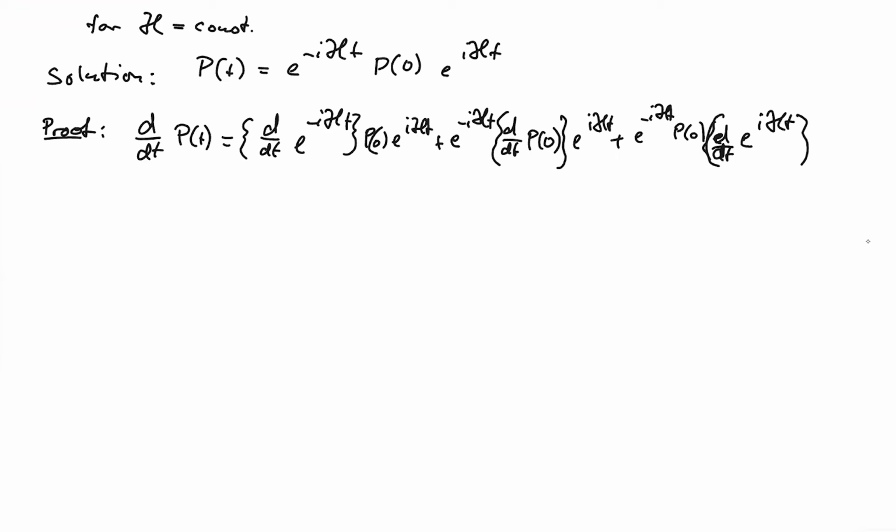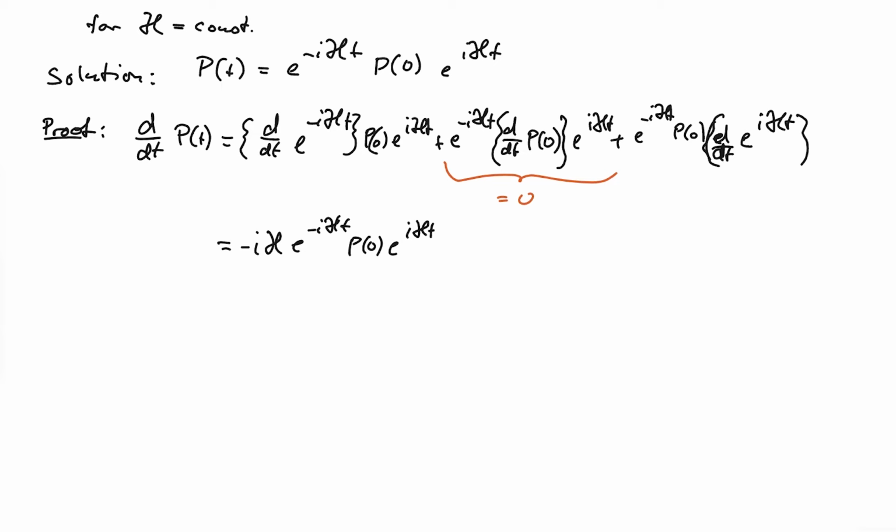When we look at these different terms, then we can see directly that the derivative of P0, as being the initial state, so a fixed state, is 0. And so we only need to consider the other terms. And so we have the derivative here is minus iH times e to the minus iHt, P of 0, e to the iHt.